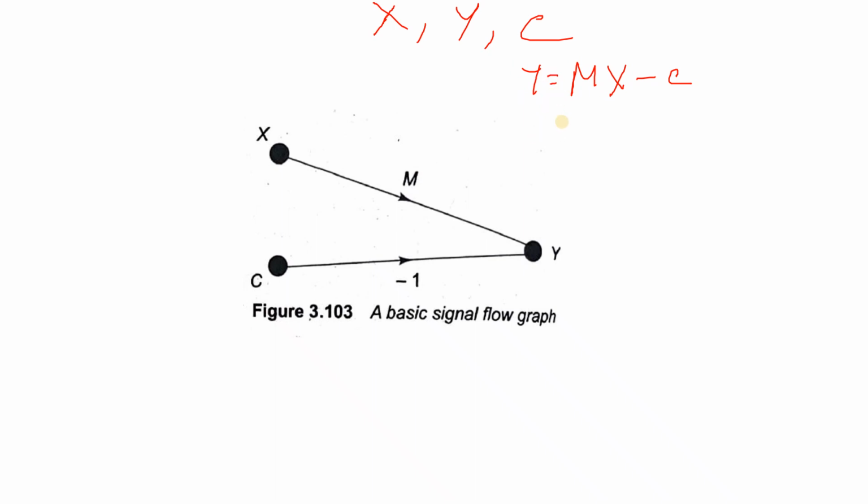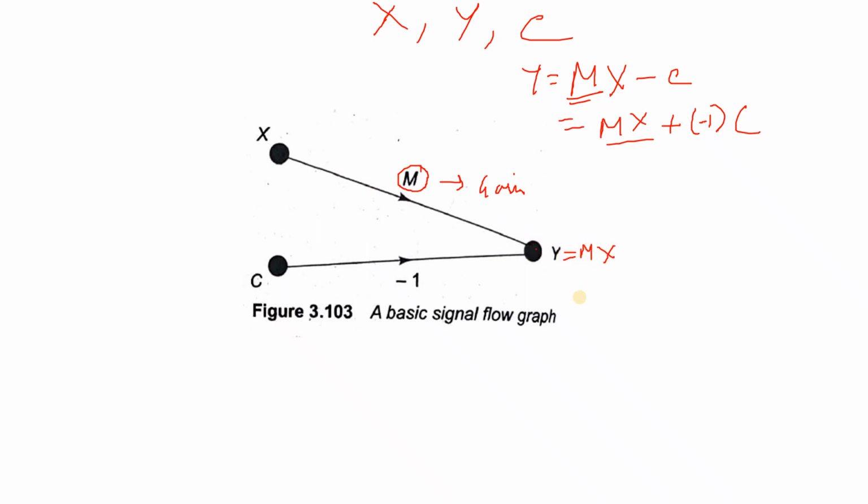Okay. So the equation is mx minus c equals y, which is nothing but mx plus minus 1 c. Mx means this is a multiplying factor, which is called the gain.